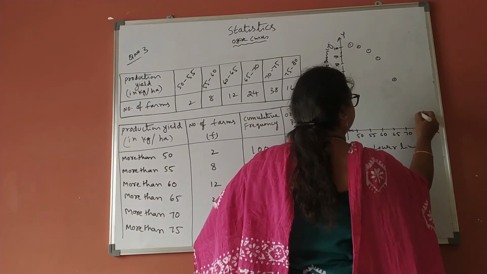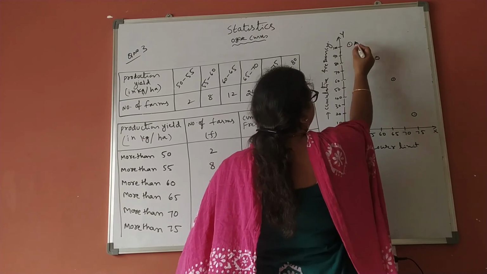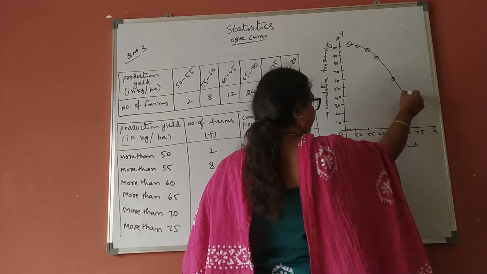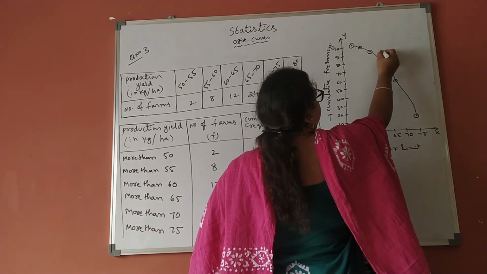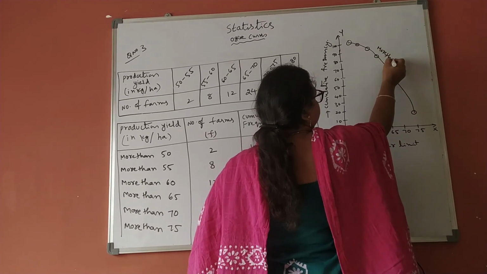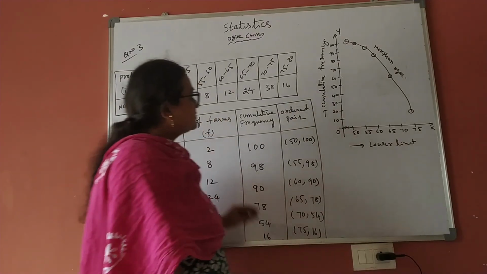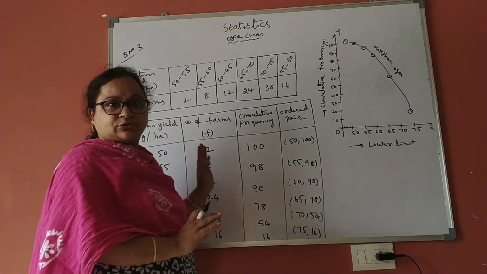So it is a freehand curve. More than ogive. This is how to draw a more than ogive, children.